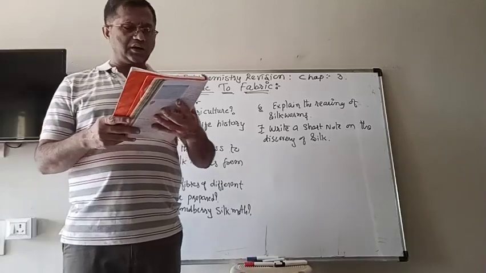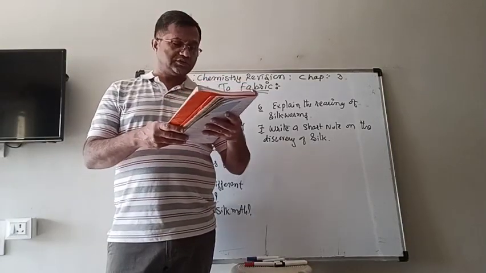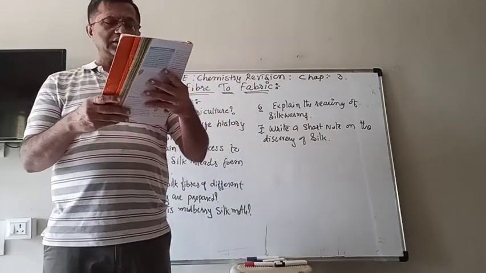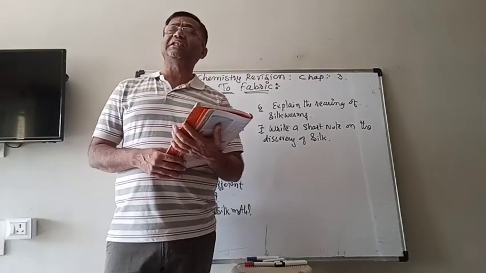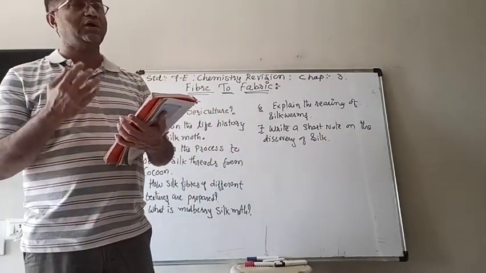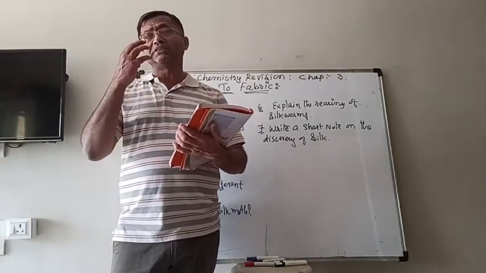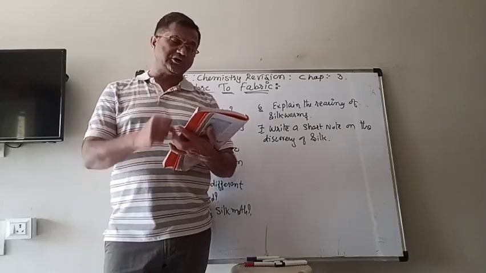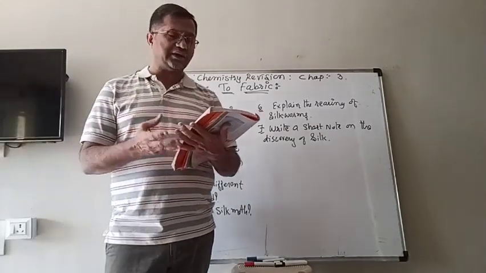Now the other thing that we have to learn about is the different types of silk that are obtained. You go to the tailor and ask him about the different types of silk, or go to a textile mill or a shop, and they will tell you which types of silk are there.